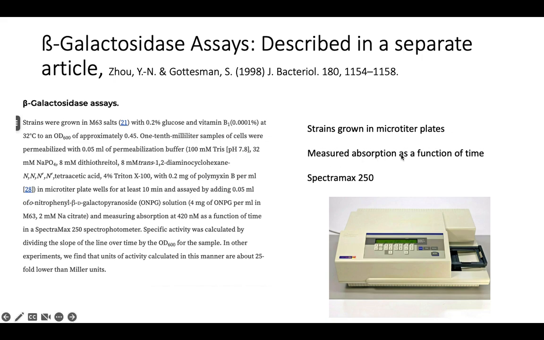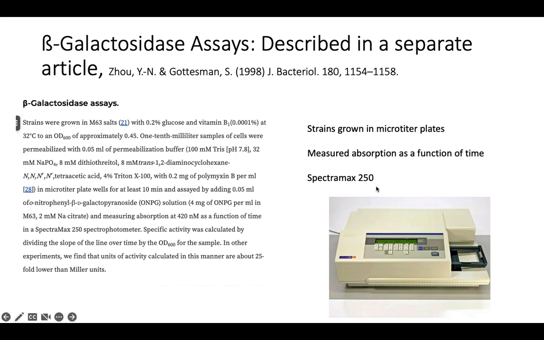They measured the absorption as a function of time, and I showed that in purple a little earlier. They measured the specific activity. And the authors noted a few times that their specific activity is about 25 times less than Miller units, which I guess is just another unit of measurement people use in this case.